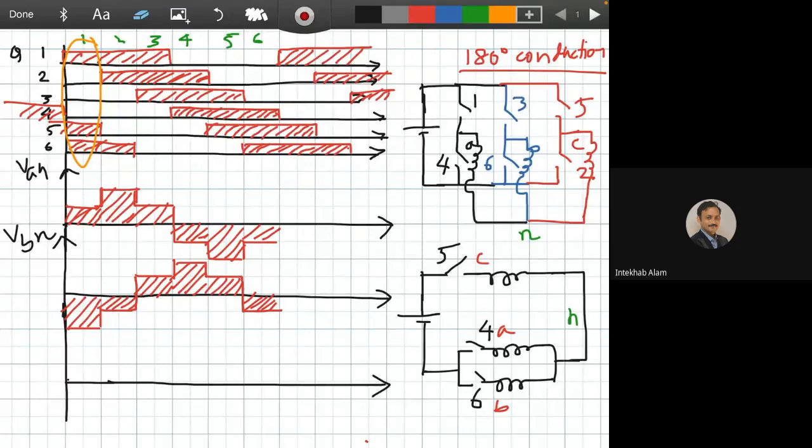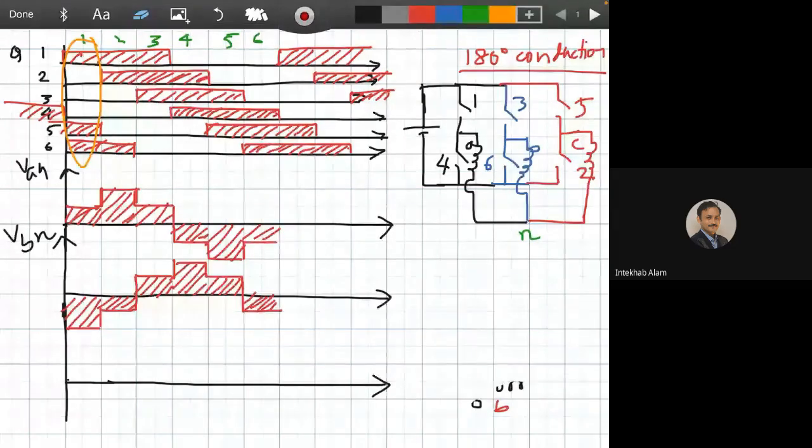Okay. So Shifatul Alam, how can we draw the output voltage VAB? Sir, we have to make it negative.